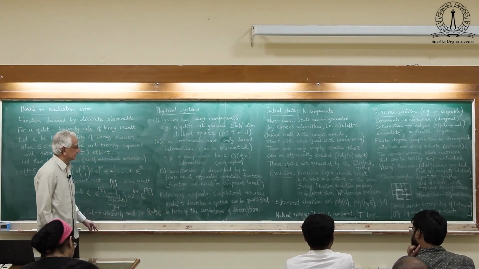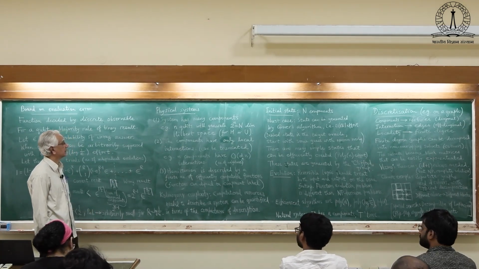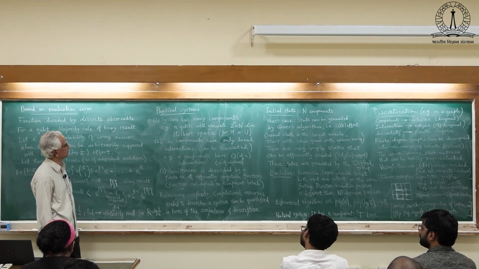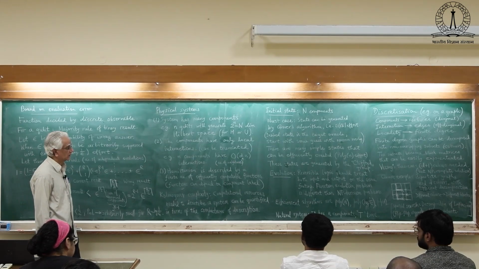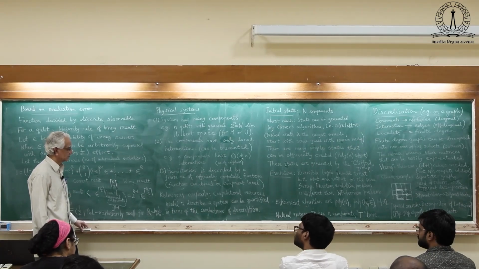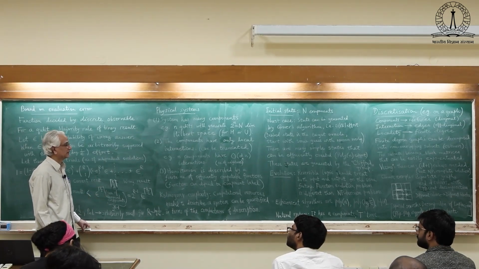Okay, so this is one caveat. Then there is another consequence of discretization: the variables will be represented as some digits. It's a truncated description.